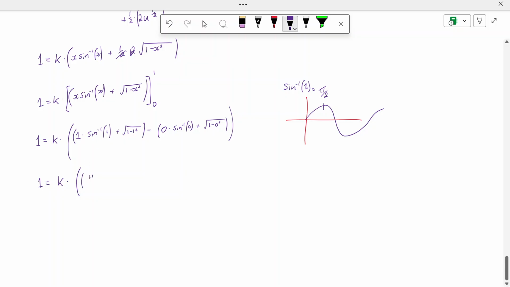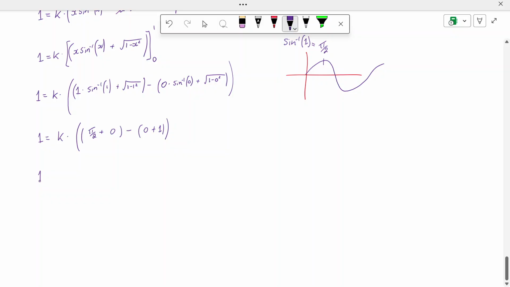So 1 times pi on 2 plus 1 minus, oh sorry, no, I've done a mischief. There we go, that looks better. This is equal to 0, take 0 plus 1. Here we go.